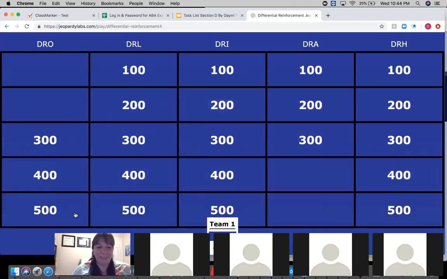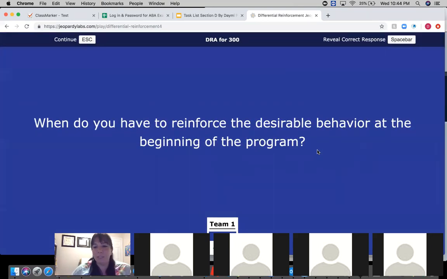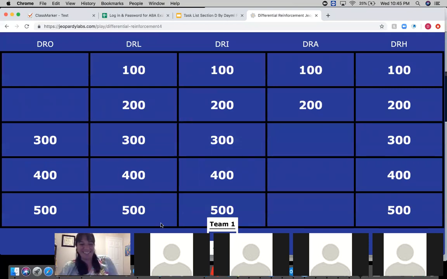All right. Keep going. DRA 300. When do you have to reinforce a desirable behavior at the beginning of the program? Every response. FI, fixed interval. Or FCR, whatever. Immediately. Basically the same thing. Good. Perfect. Go for it.